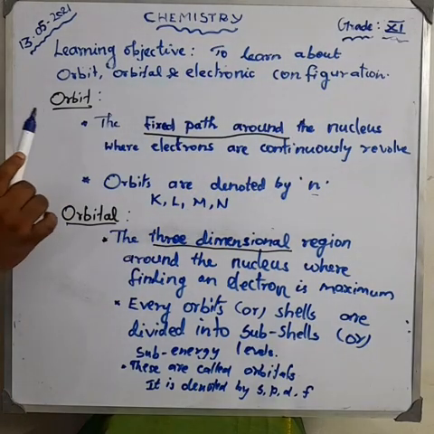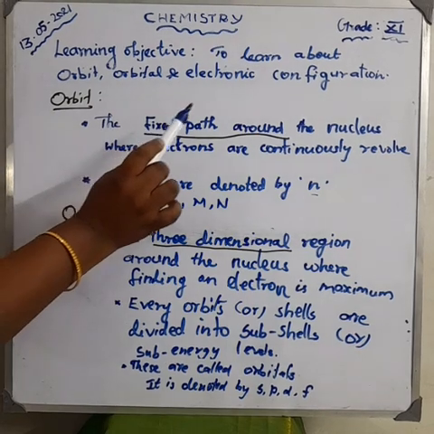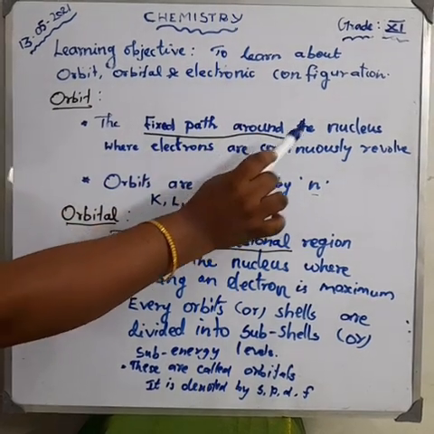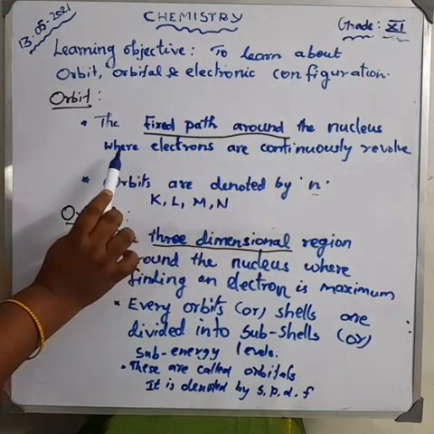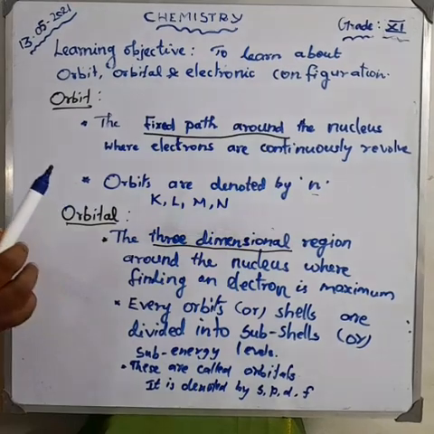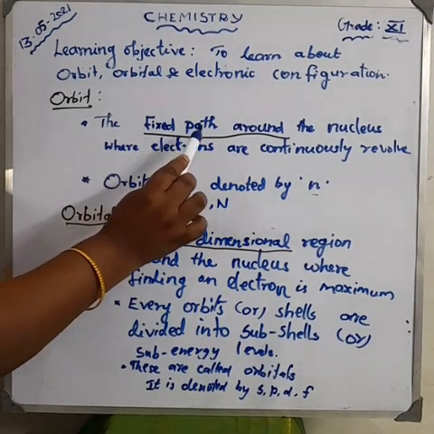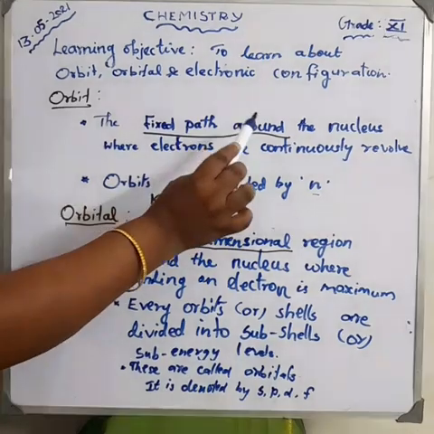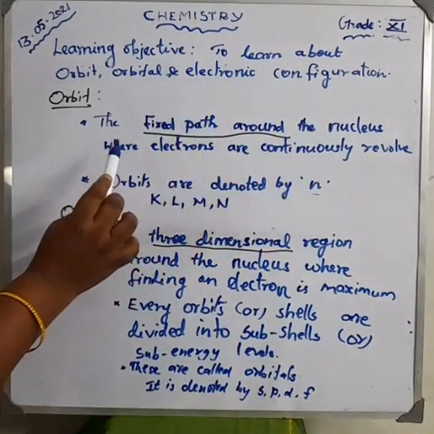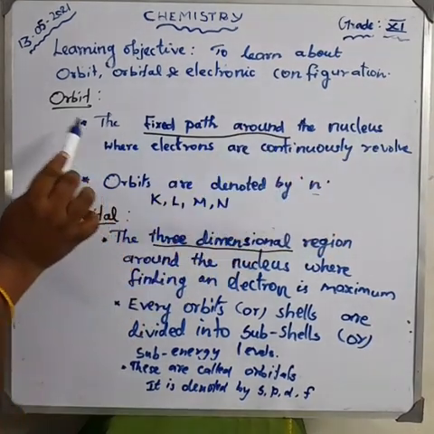First, what do you mean by orbit? The fixed path around the nucleus where electrons are continuously revolving. That's called orbit.